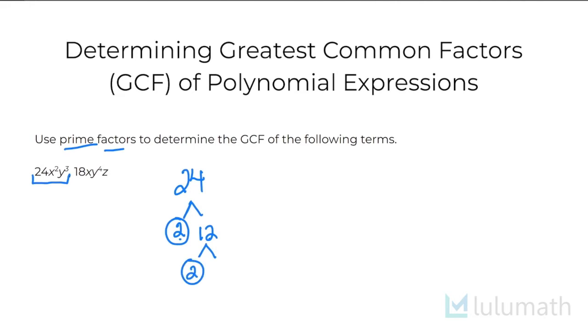12 is divisible by 2, another prime factor. We've got 6 left over, and then 6 is also divisible by 2, and then we have 3 left over, which is also a prime number.